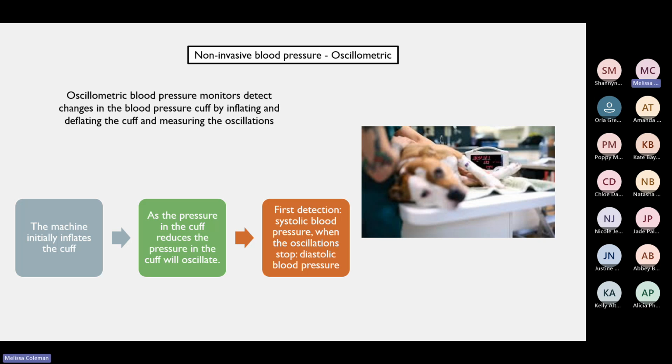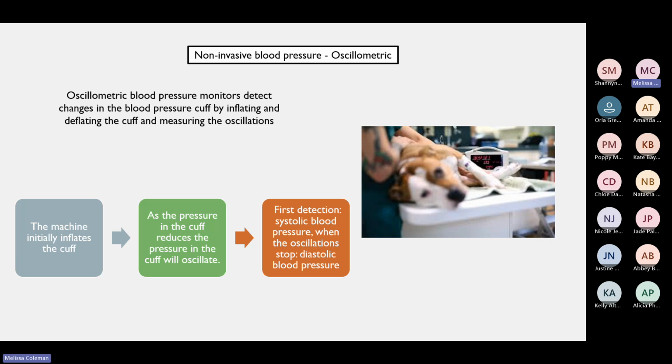As the pressure in the cuff reduces, the pressure in the cuff will oscillate, and you will see your machine go through these numbers multiple times before it decides. The first detection of oscillations would be our systolic. When there are no oscillations at all, that would be our diastolic, and then it will use an algorithm for the mean.